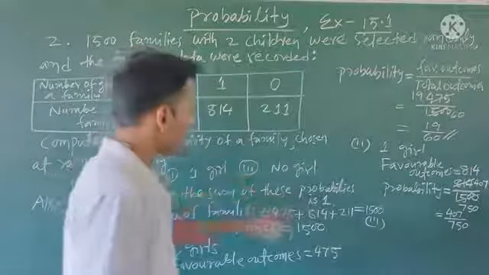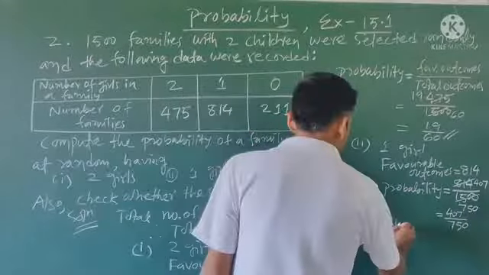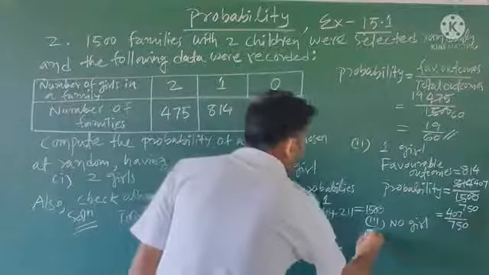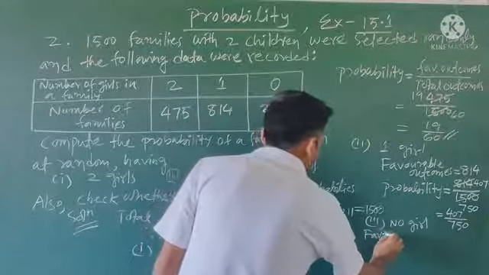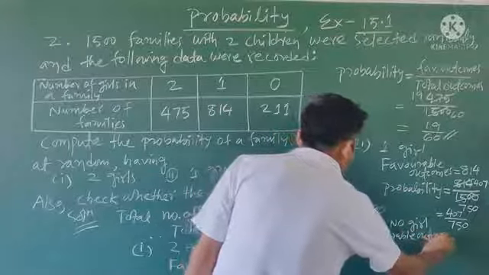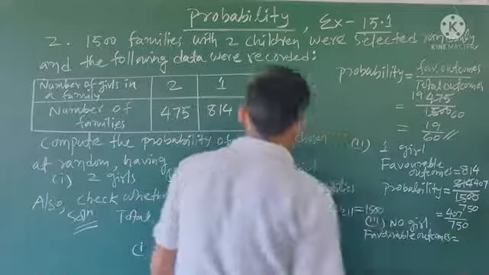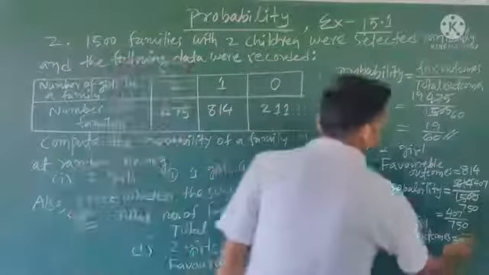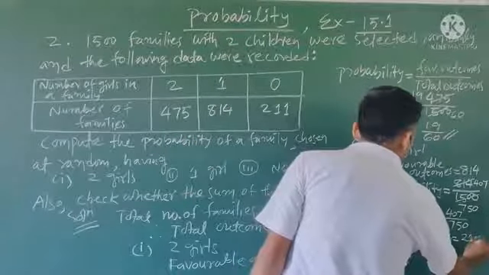Let's see the third one. Third one is no girl. Favorable outcomes. How much? No girl, that means 0. How many families? Number of families 211.